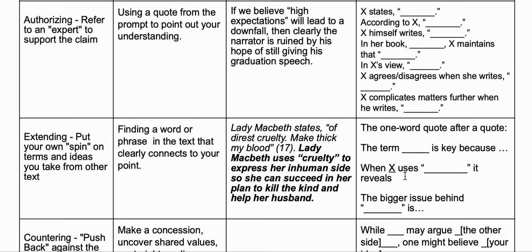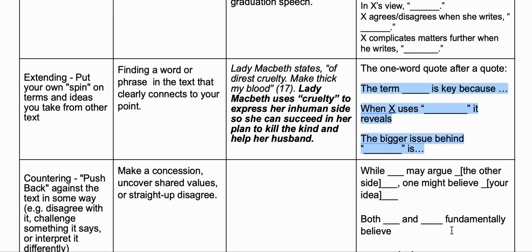Hey, when so-and-so uses climate change, it reveals the bigger issue behind encroachment. And so looking at our readings and digging deeper into them can be an incredibly helpful way. And these sentence starters, these are the ones that when you go to college and use them, and you go to that 4-year and use them, people are like, oh, hey, wow, you are so smart, because you're using evidence and then creating an argument with it.